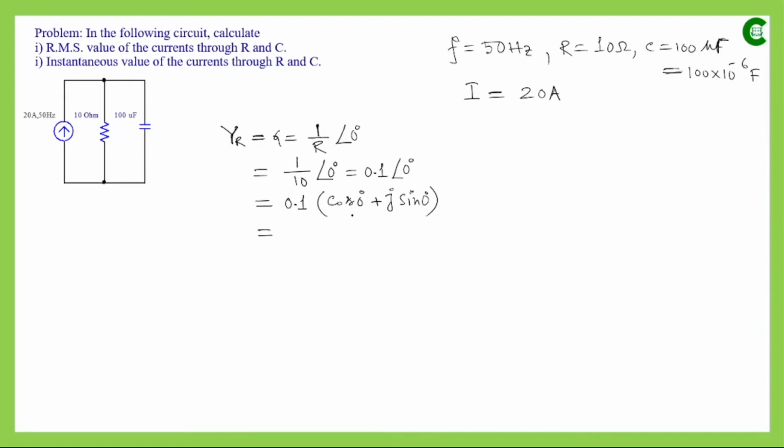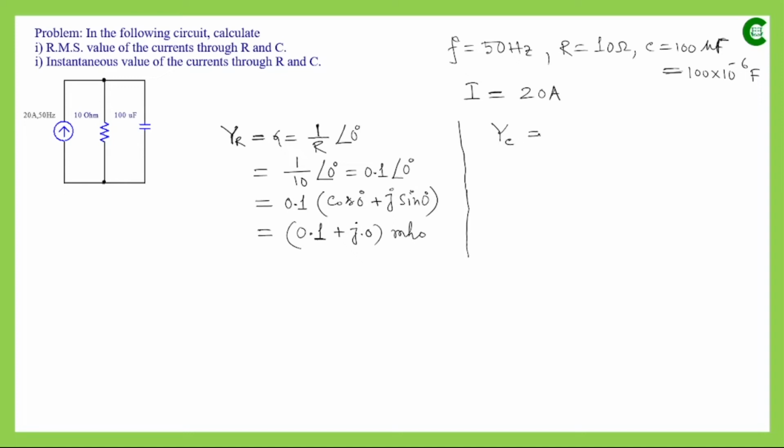Cos 0 degree means 1, so it will be 0.1, and j sin 0 degree is 0, so the complex part will vanish. It can be written as 0.1 plus j into 0, and since this is admittance, the unit will be mho.